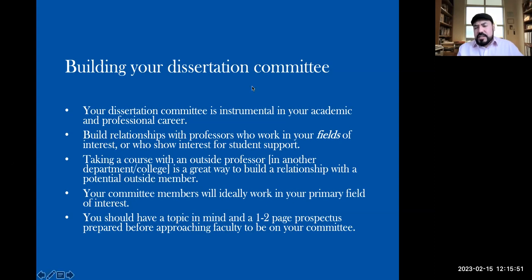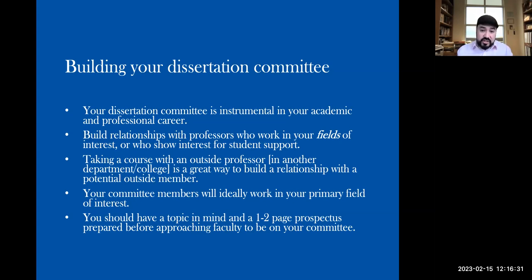Also, as you build your dissertation committee, talk with your advisor or your chair about taking courses with an outside professor in another department. Coursework is a great way to build a relationship with a potential outside member. I am housed in the College of Education. Most of our students take all their courses in the College of Ed, but it would be uncommon, though valuable, for them to take courses in other departments or colleges that will help them with their methods or with a topic of interest that has not traditionally been addressed in the department.